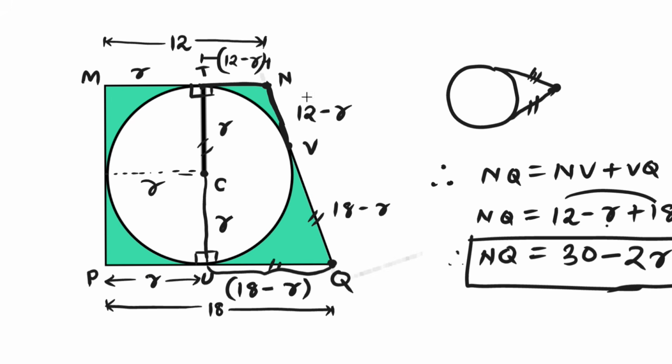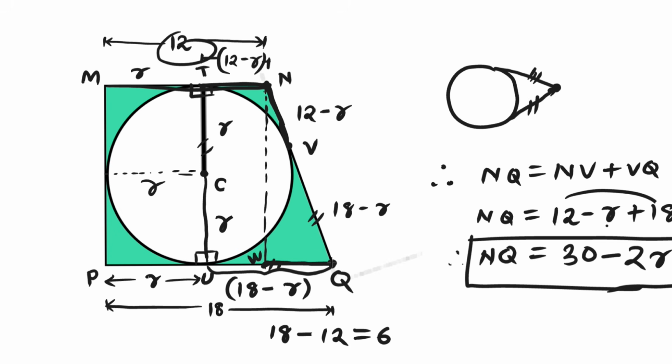Next, drop a perpendicular from point N to the bottom side and let it meet the bottom side at point W. Since the top base is 12 units and the bottom base is 18 units, the extra horizontal distance is simply 18 minus 12, which equals 6.